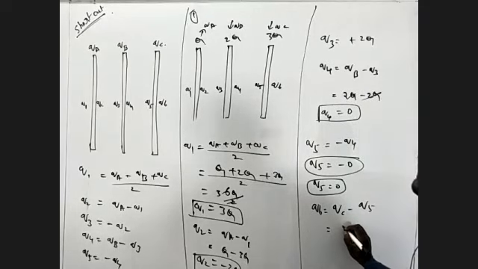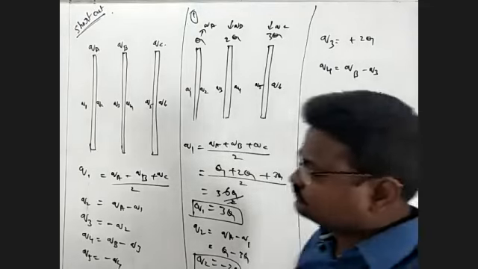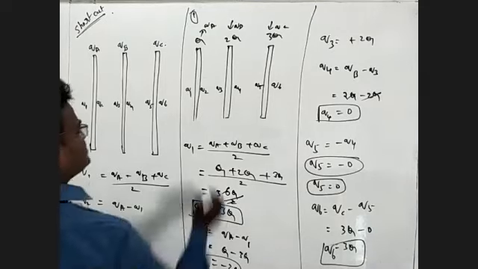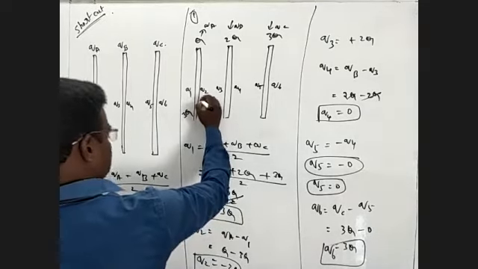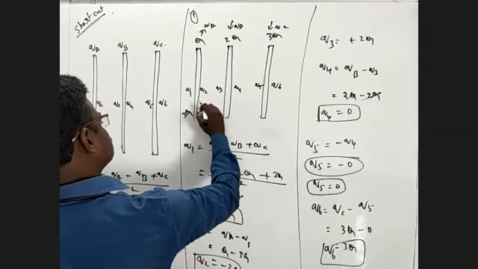QC means 3Q minus 0. So what is the value? 3Q. This is Q6, the value is 3Q. Now finally, what is the answer for this one? Q1 is 3Q. Q2 is minus 2Q.